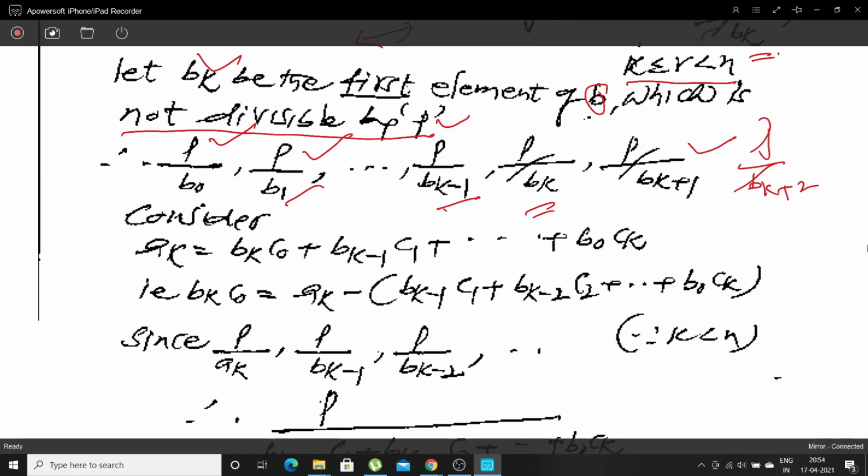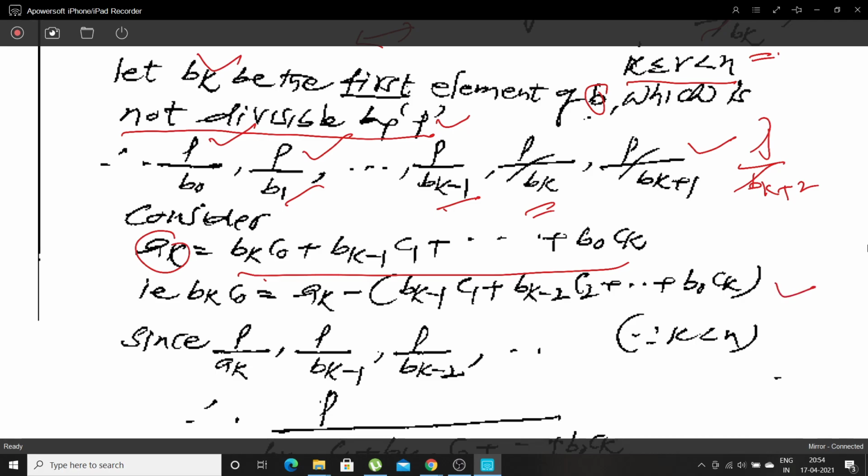The coefficient of x to the power k is this, and we denoted the sum of all the terms as ak. I'll rewrite this statement in this form. I am interested only in the bk term. Since c0 is with bk, let me take bk c0 to one side, and on the other side the remaining terms.